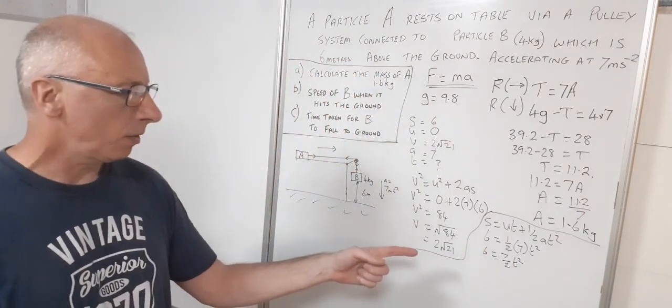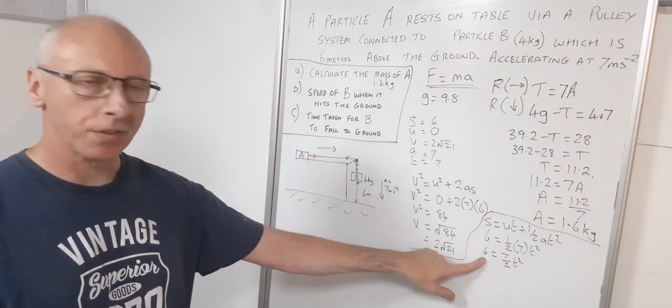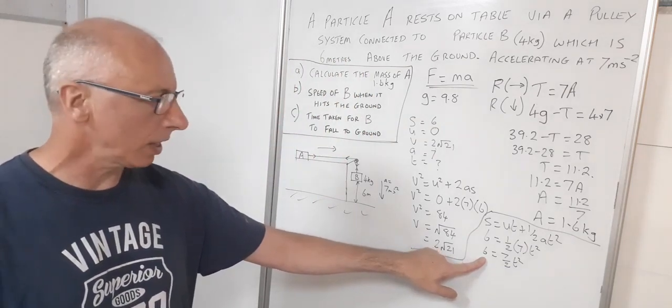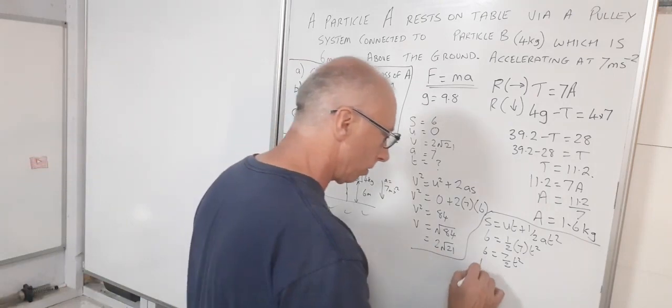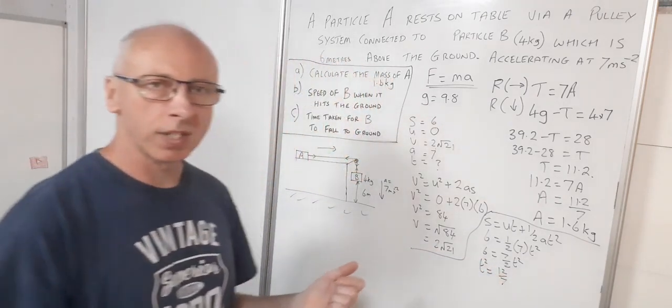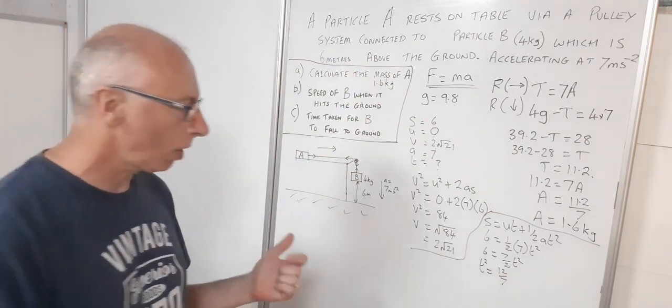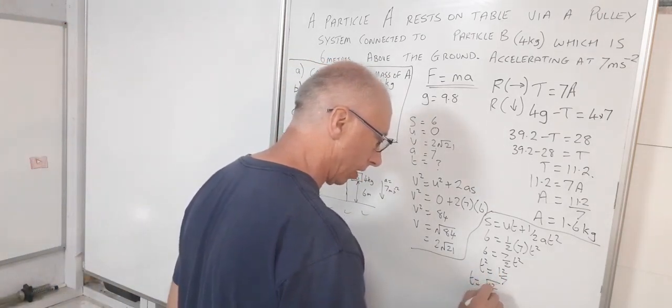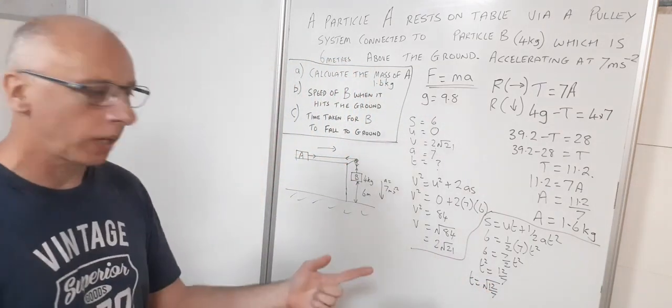So I've got 6 over 3.5 to get t squared on its own, which is 12 over 7. So t squared equals 12 over 7, therefore t is the square root of 12 over 7, all enclosed in the square root.